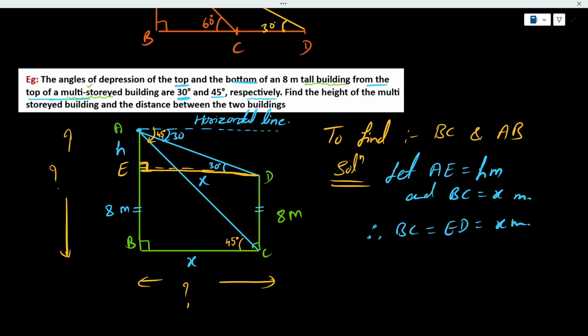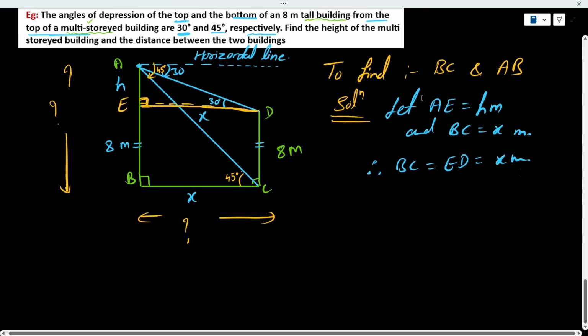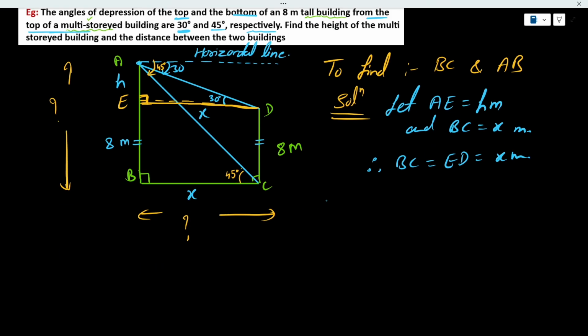So any one triangle you can take, because there are two unknowns, so you'll get two equations. So first, whichever triangle you are considering, you need to mention that triangle. In triangle AED, which angle if you see here, it is 30 degree, right? So adjacent with respect to this is adjacent and this is opposite. Opposite by adjacent means you can use here tan.